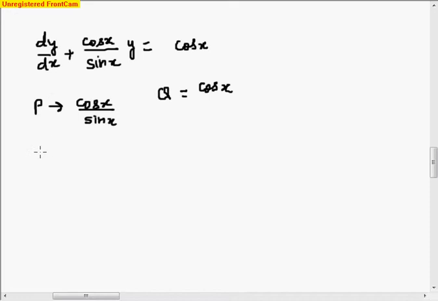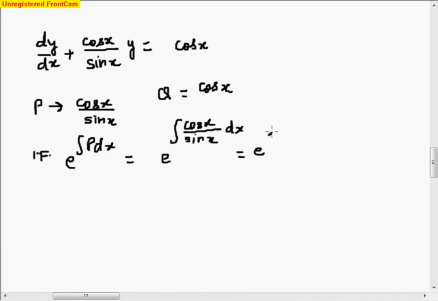So my integrating factor is e raised to power integral of p dx, which is e raised to power integral of cos x upon sin x dx, which is e raised to power, what is this? Log of sin x, which is sin x.